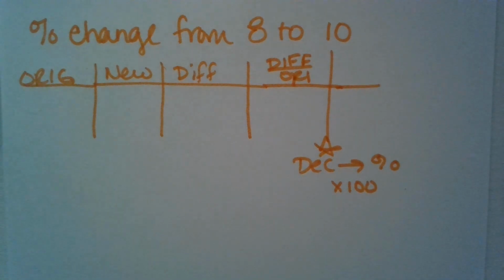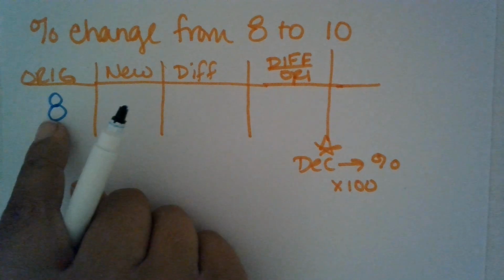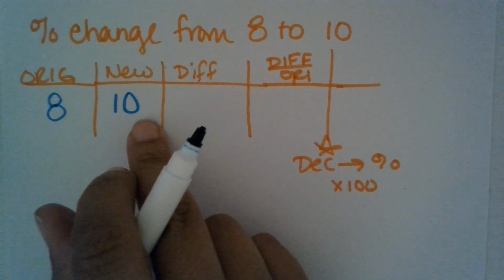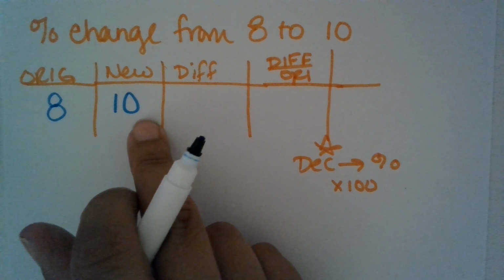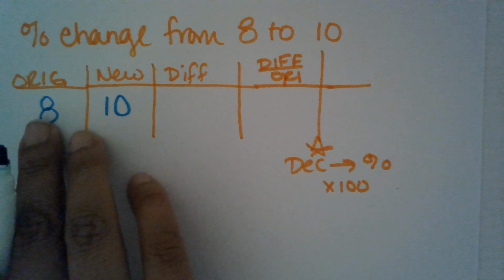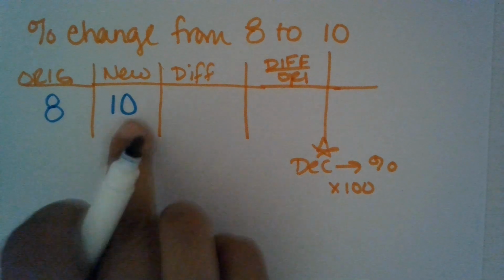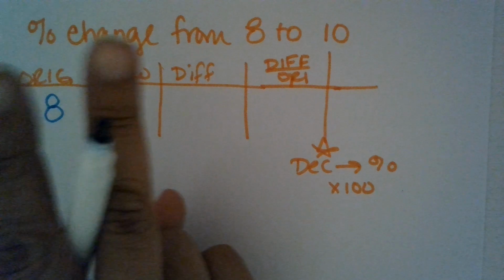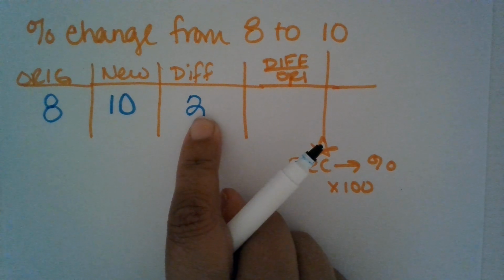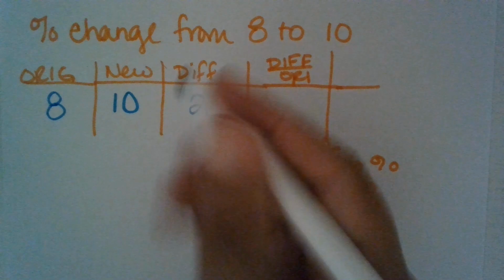Okay, if I'm going from 8 to 10, 8 is the number I'm starting with. From 8, I'm going up to 10. Now, some numbers are easier to count up or down than others, but when I say difference, that means I have to subtract. I want to know, how do I count from 8 and go up to 10? Well, I'm going up 2 pieces. So I know the difference is 2 because of 10 minus 8.